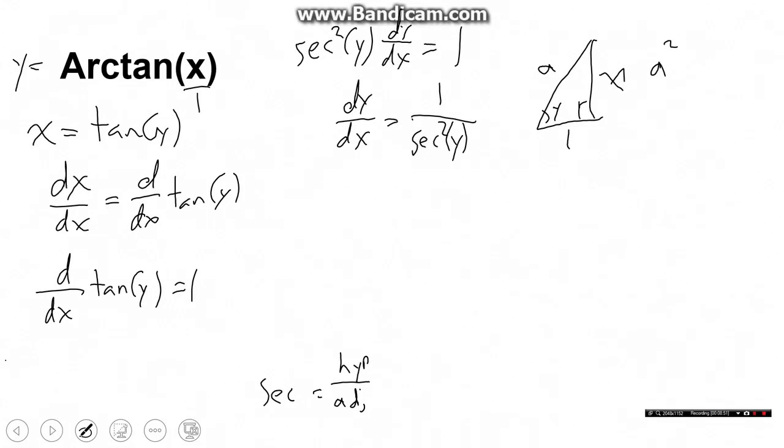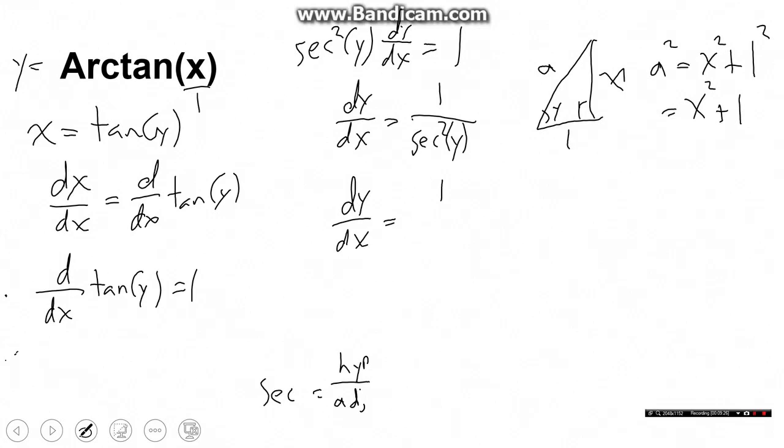So then, therefore, a squared is equal to x squared plus 1 squared, or abbreviated, x squared plus 1. And since the secant is already squared in the denominator, we can just substitute a squared for secant squared, and therefore we are left with dy over dx equals 1 over x squared plus 1.